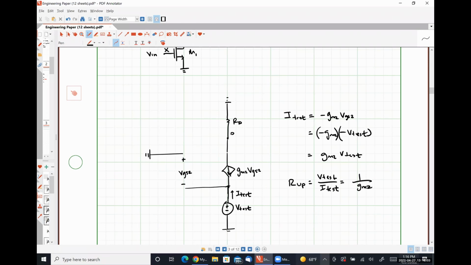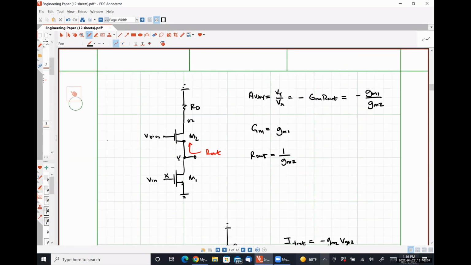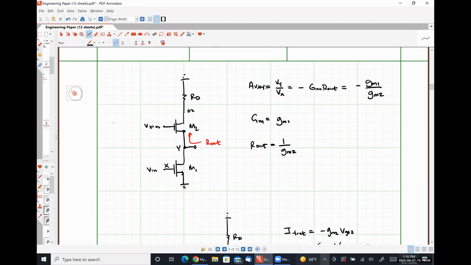Okay. So if we wanted to apply the Miller method, we now have our scaling factor and all that kind of good junk.